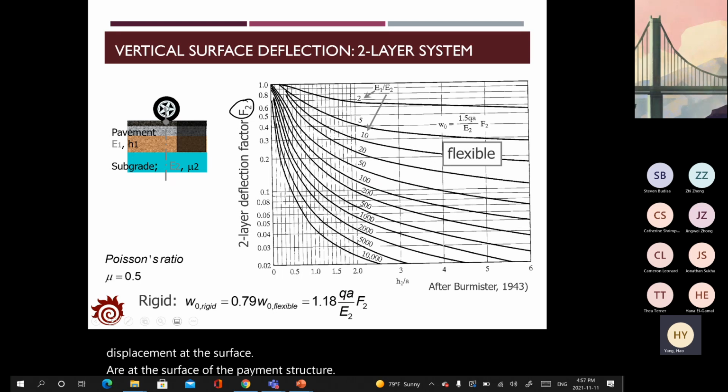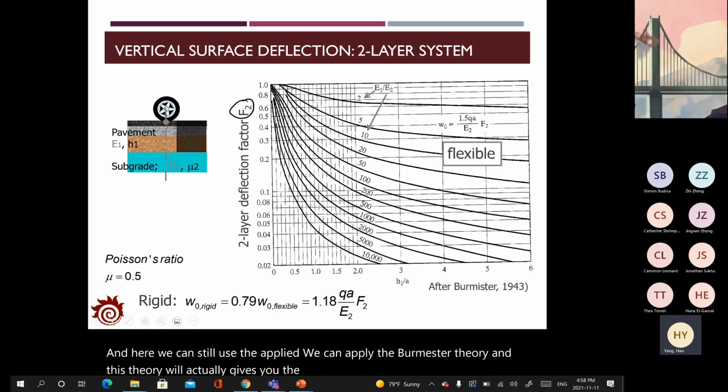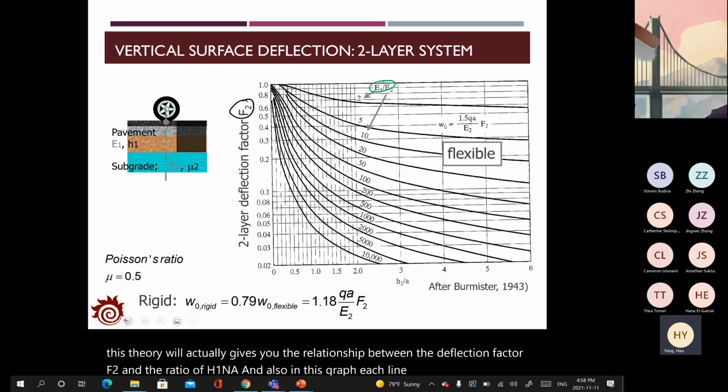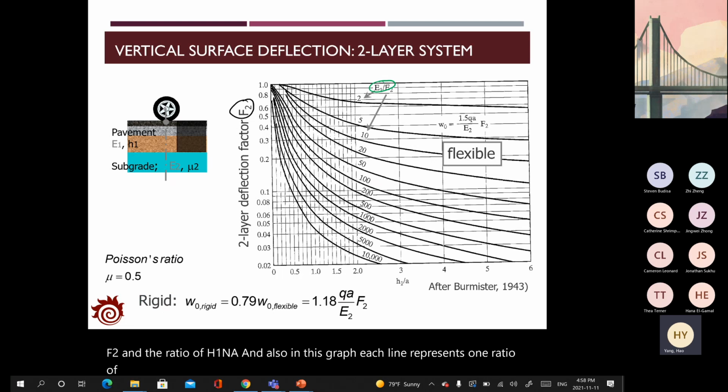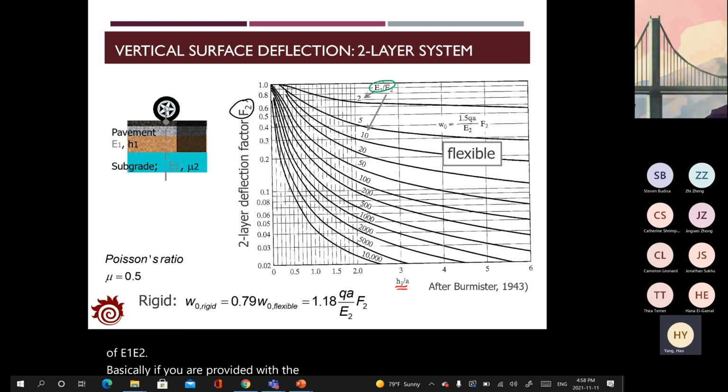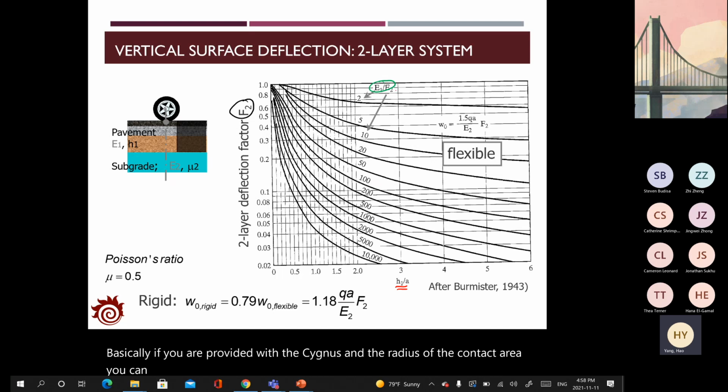And here we can still apply the Burmister theory, and this theory will actually give you the relationship between the deflection factor F2 and the ratio of H1 and A. And in this graph, each line represents one ratio of E1 and E2. Basically, if you are provided with the thickness and the radius of the contact area, you can then specify the line based on the E1 and E2.